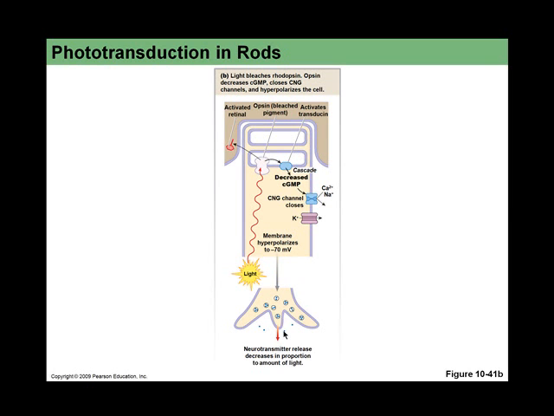So after the glutamate's released from the photoreceptors onto the bipolar neurons, this is that first stage of the signal processing, and there can be some integration within the retina, as we talked about.